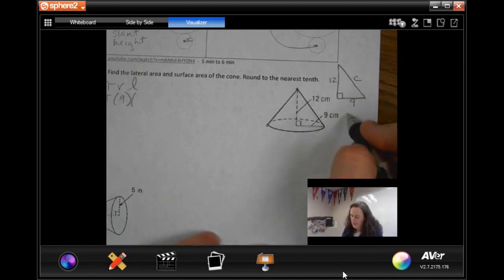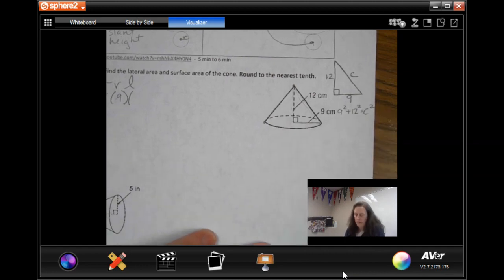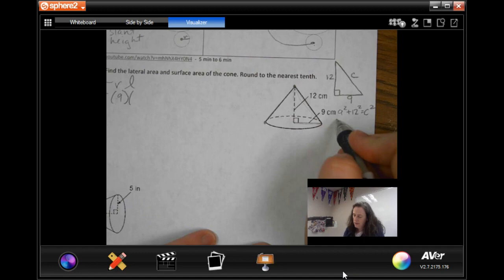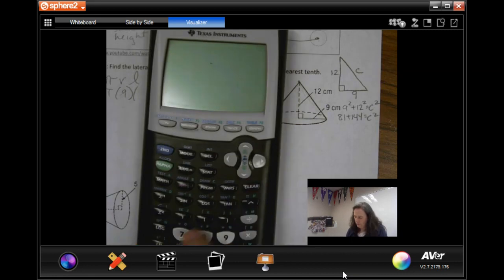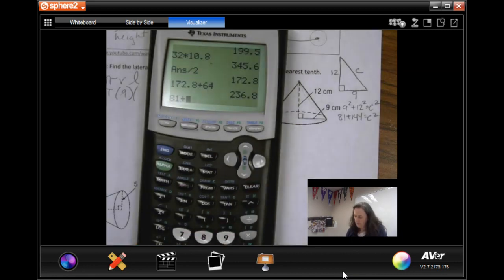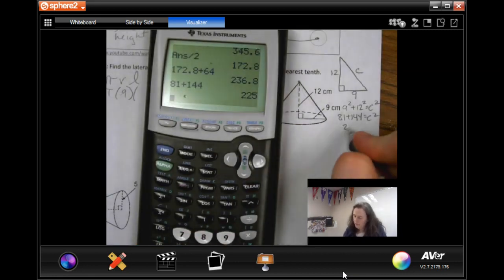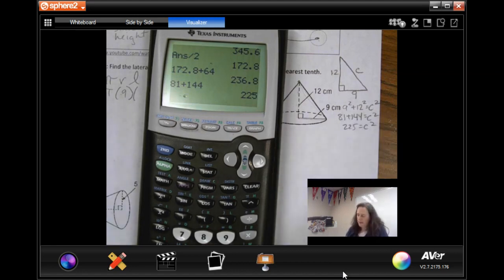We would say 9 squared plus 12 squared equals c squared. And then that would be 81 plus 144 equals c squared. Let's put those together. I know you guys are good with Pythagorean. 225 equals c squared. And we don't want c squared, so we're going to take the square root of everything.